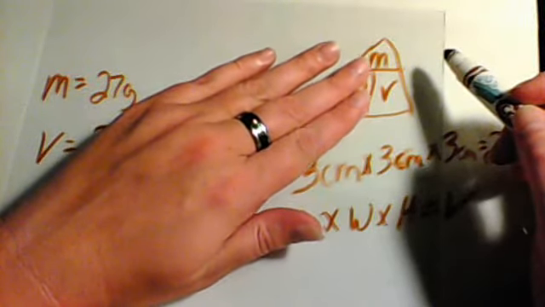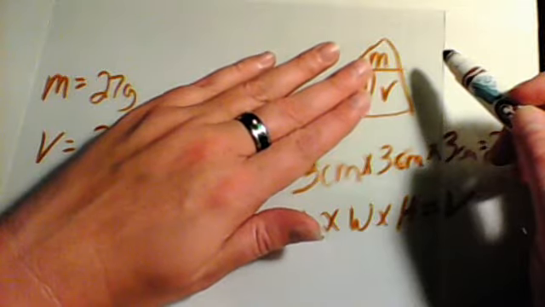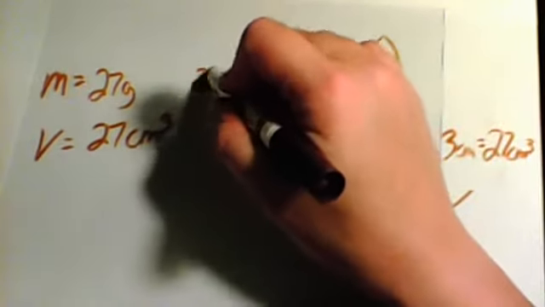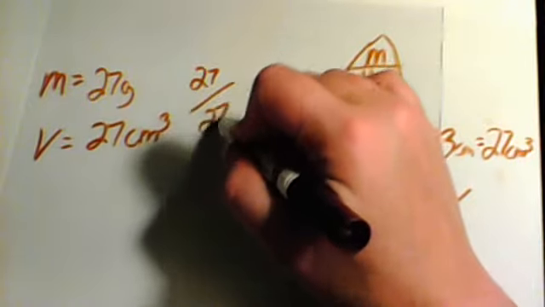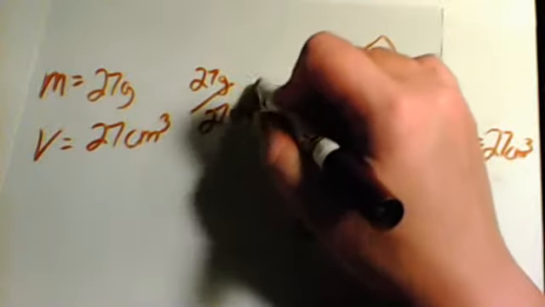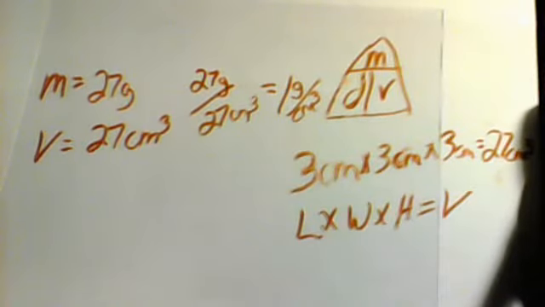Mass divided by volume, because I'm looking for density. I would take 27 divided by 27, grams divided by centimeters cubed, and that would equal 1. So your answer would be 1 gram per centimeter cubed. And that is the answer to number 2 on the worksheet.